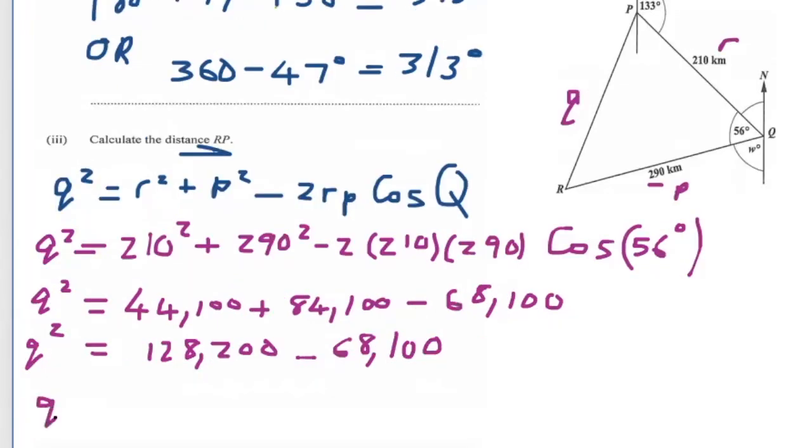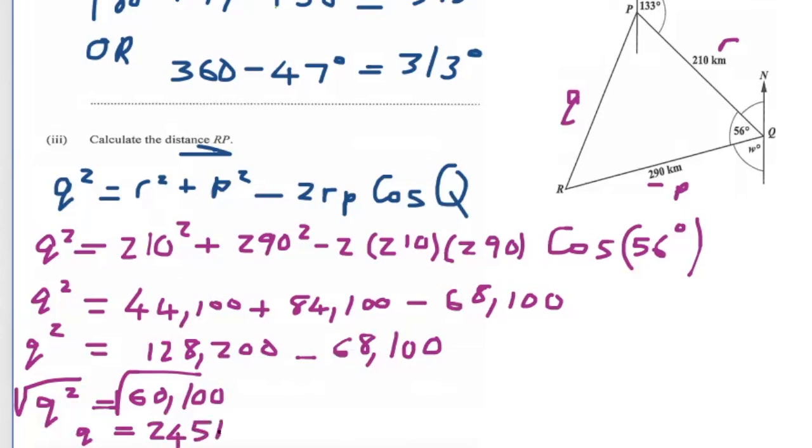So q squared is equal to 60,100. Now I'm going to take the square root. So q is equal to, rounding it off to a whole number, 245, and I'm going to have kilometers. So the side that we're asked to find is 245 kilometers.